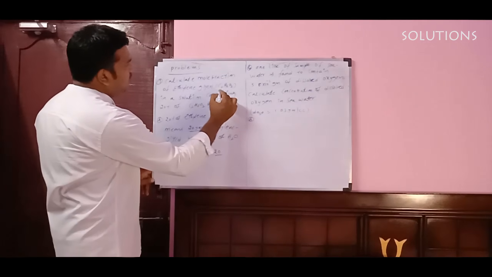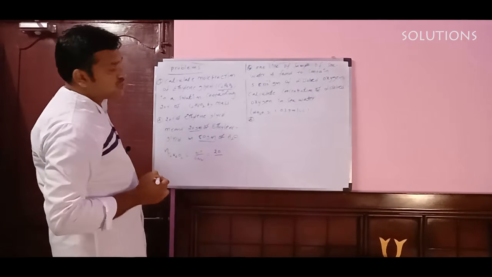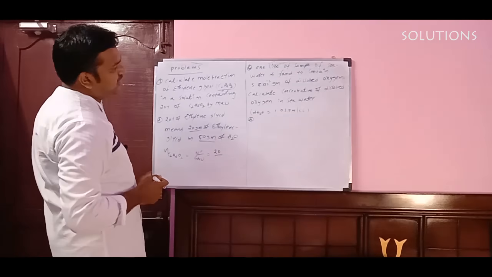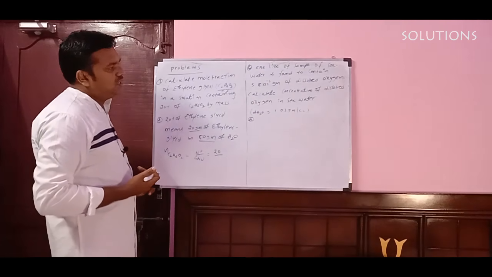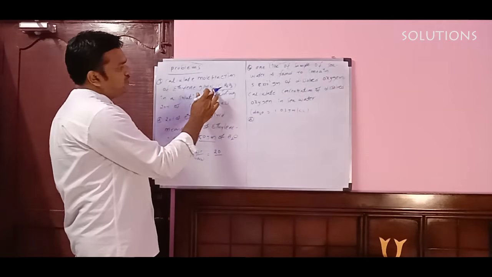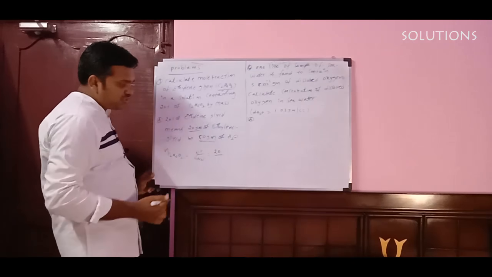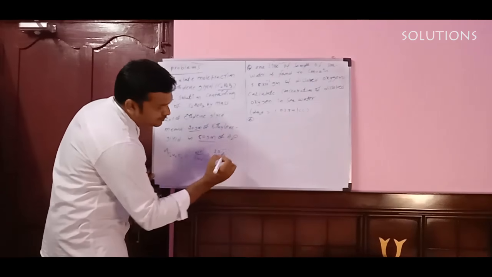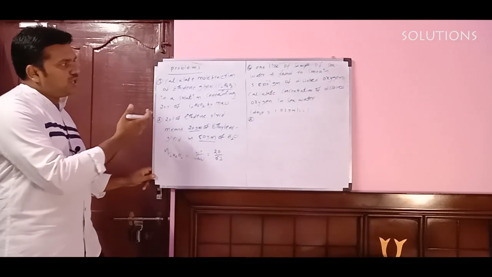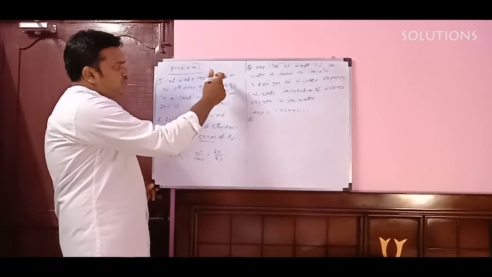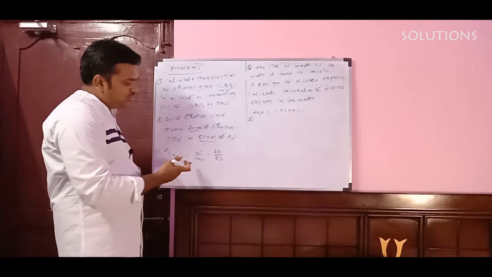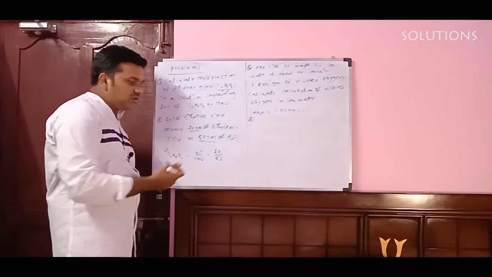You can see the formula C2H6O2. So 2 carbons, each carbon weighs 12 grams, so 12 into 2 is 24. 24 plus 6 is 30. 30 plus 32 is 62. I understood how you are getting 62. 62 is the gram molecular weight of ethylene glycol.